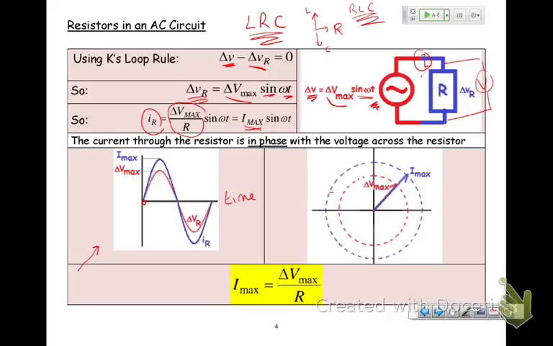And so I say, well, I can define my capacitive reactance as 1 over omega C. So this is my XC, and this is omega, and this is an inverse relationship. Again, I need you to be able to calculate what the capacitive reactance is at a given frequency for a given capacitor.